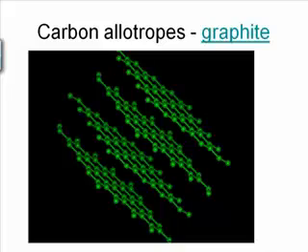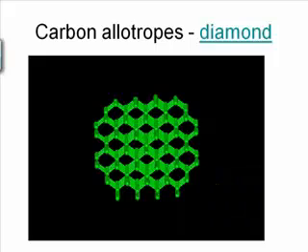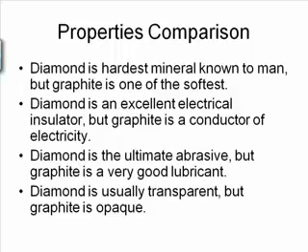So the carbon atoms are bonded in sheets that are attracted to each other, but not strongly bonded to each other. Whereas in diamond, another allotrope of carbon, we have strong carbon-to-carbon bonds in all 3 dimensions. So it's a very rigid structure, and these differences can affect their properties.